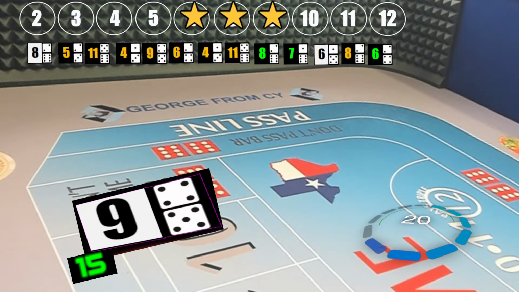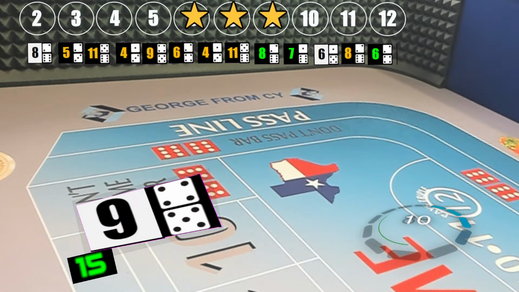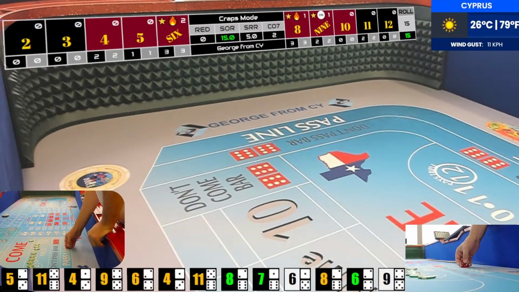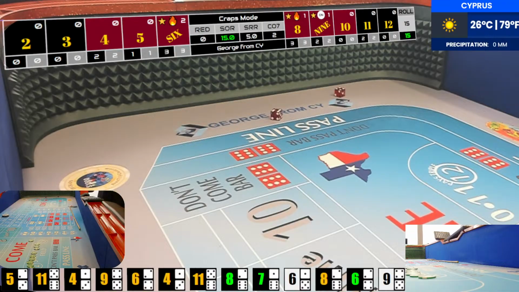Three, 1, 3, 5. Dice out. 6, 4, 10. Secondary, we like that.